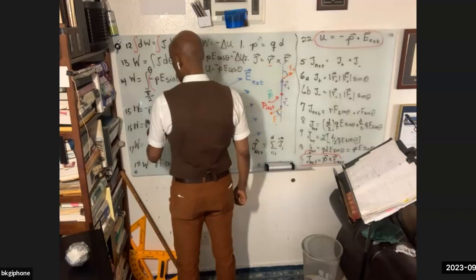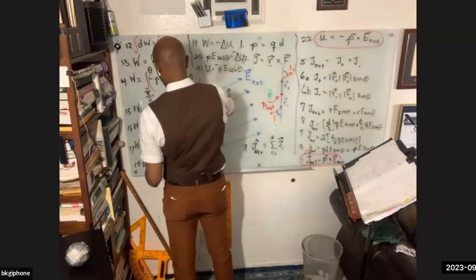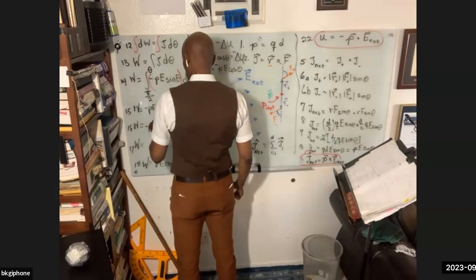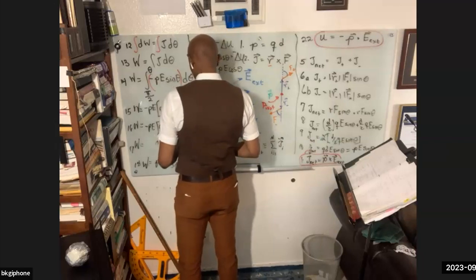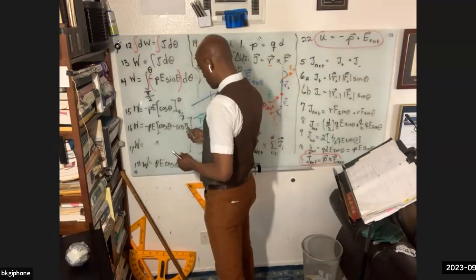And final minus initial, yeah. So I'm going to have negative PE. Final is cosine theta, cosine theta minus cosine pi over 2. And that's going to get me 0. Cosine pi over 2 is 0, in fact.